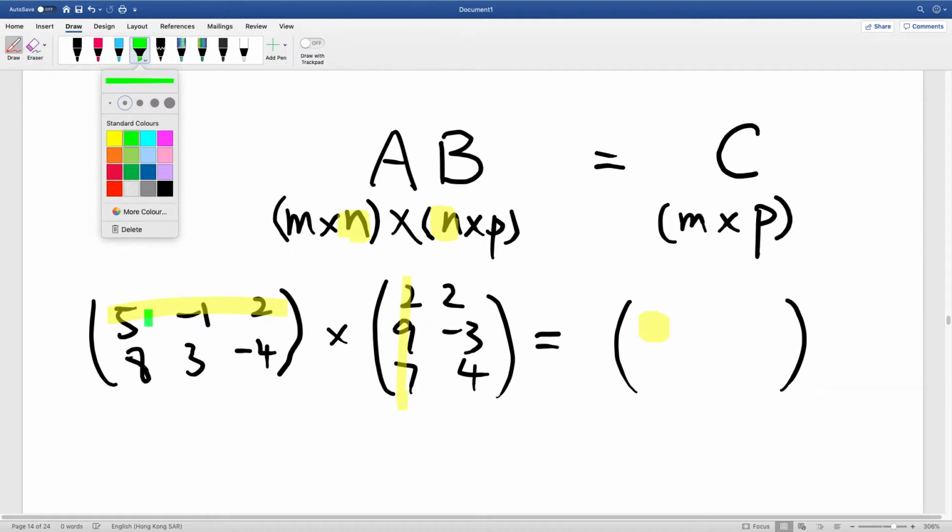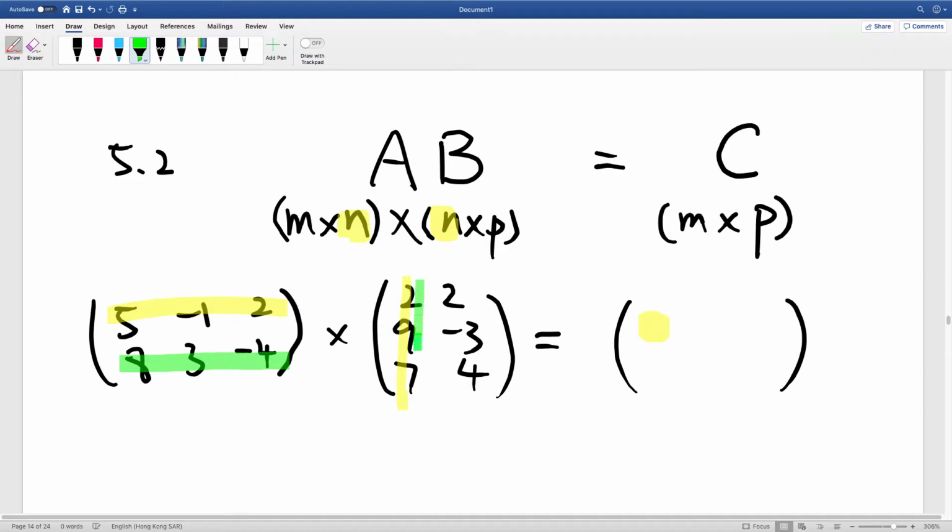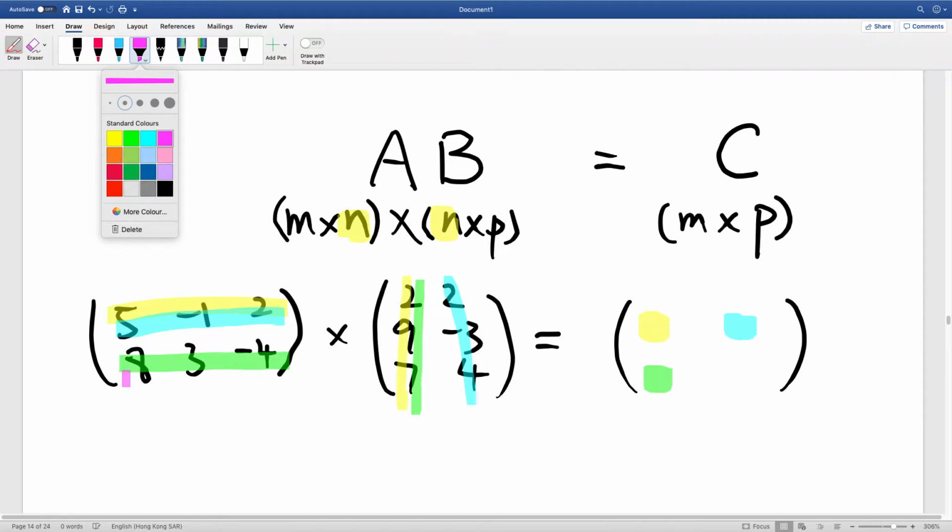Second row, first column, that means the number here. First row, second column is the number here, and then the last one here.